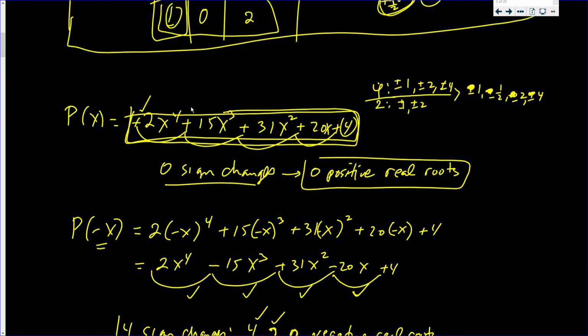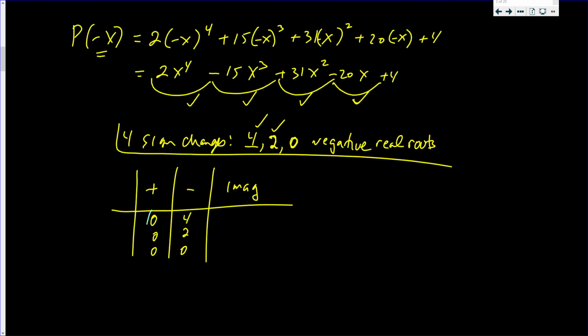And since our polynomial is of 4th degree, there will be 4 zeros. Since 0 and 4 already add up to 4, there won't be any imaginary roots, because this row has to add up to 4. So far this row adds up to 2, so imaginary has to be 2. This row adds up to 0, so you have to add 4 to make this row add up to 4.